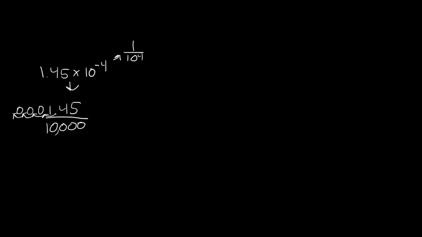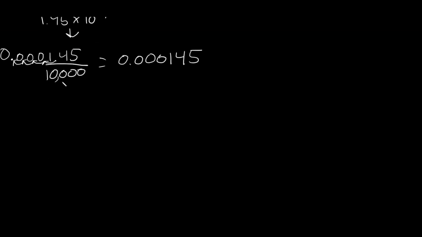So our decimal place is going to be to the left of this third 0 from the right. And then we're going to add another 0 here to say that there's no whole numbers. So this will be equal to 0.000145.